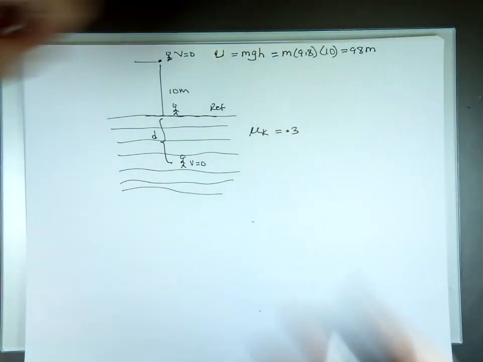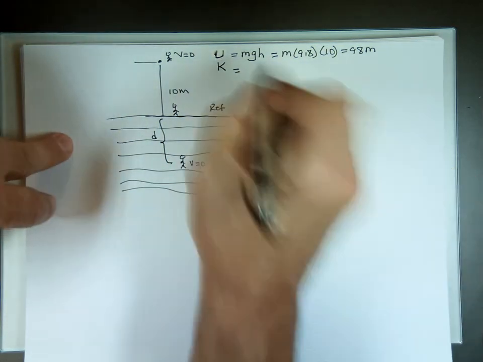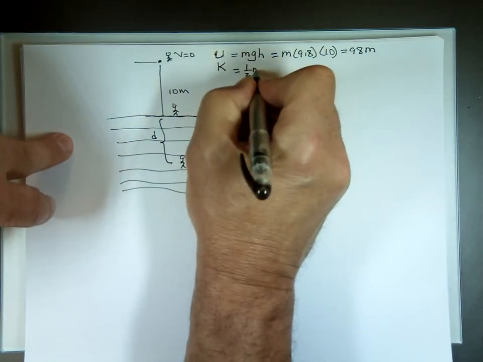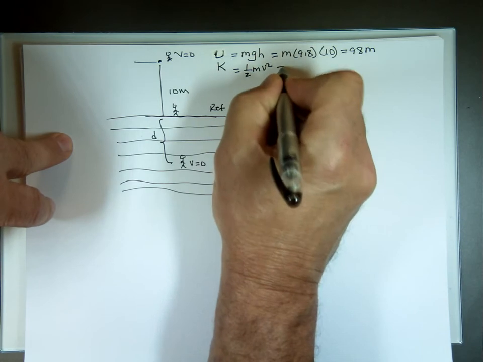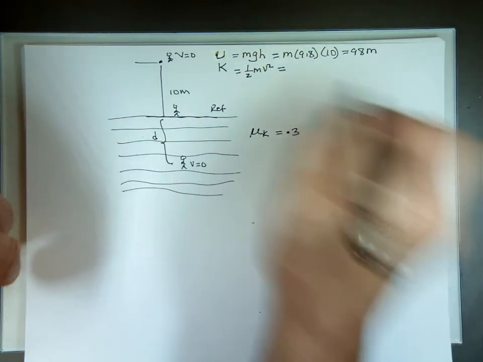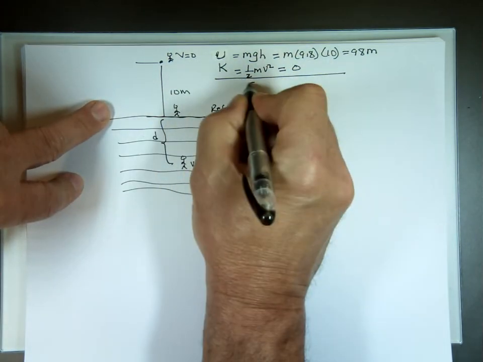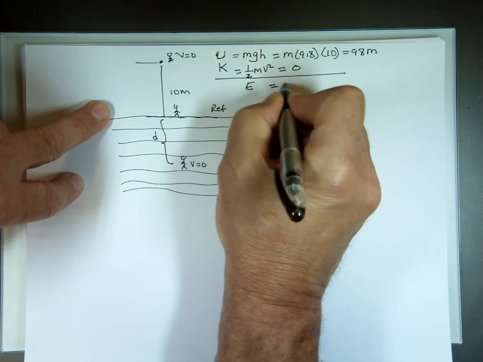What's my kinetic energy? 1/2 mv squared. That's 0, because the velocity is 0. So what's my total energy there? 98 m.